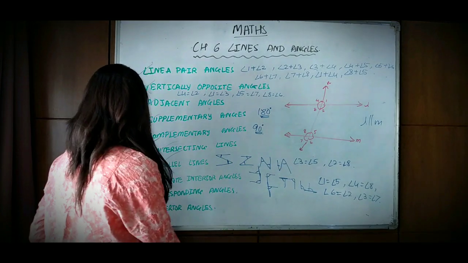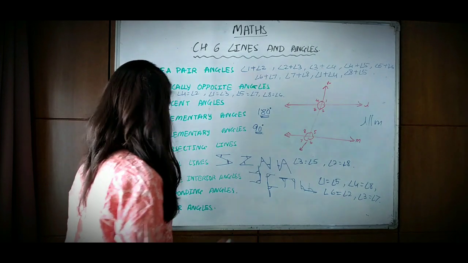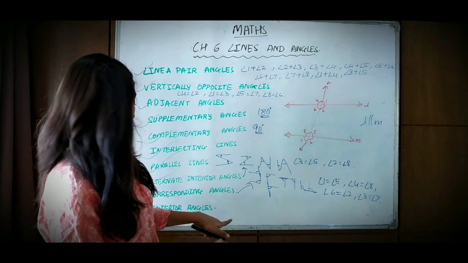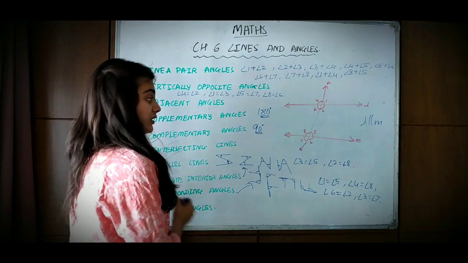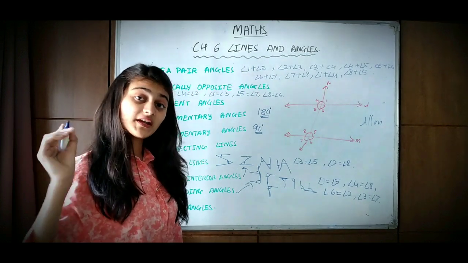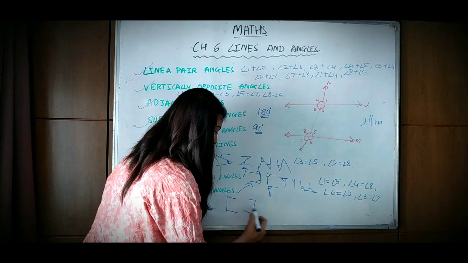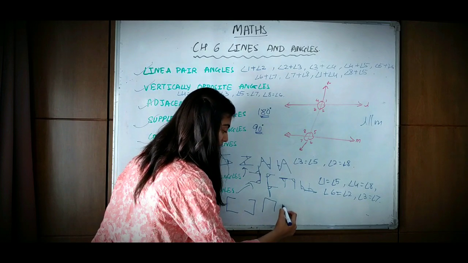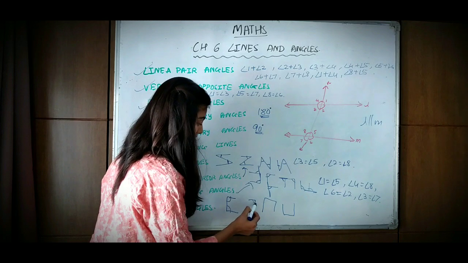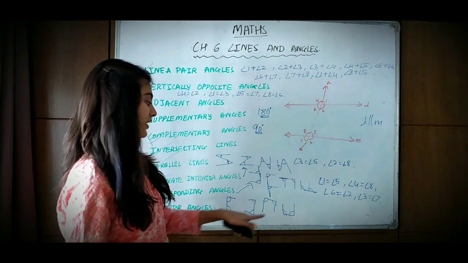Then comes interior angles. Interior angles are the pair of angles which form 180 degrees, the pair of angles that form a C. If these both lines are parallel, these angles would form 180 degrees.